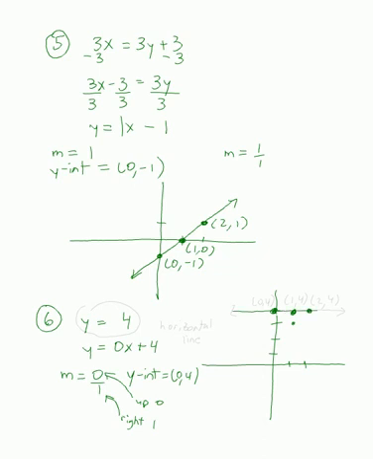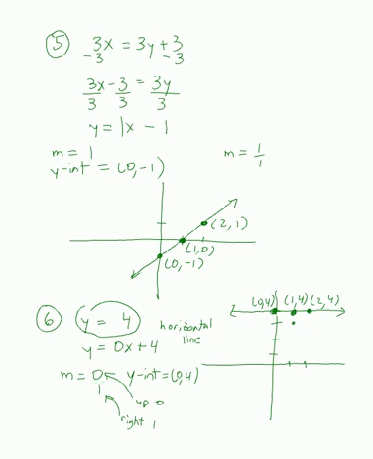So actually, this is a horizontal line. But we could have done that anyway, because we know that when we're missing an x and we just have y equals 4, this is a horizontal line. I just wanted to show you guys that the slope-intercept form does agree with it.